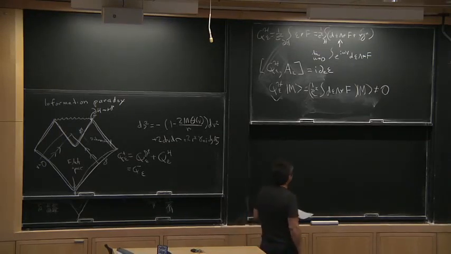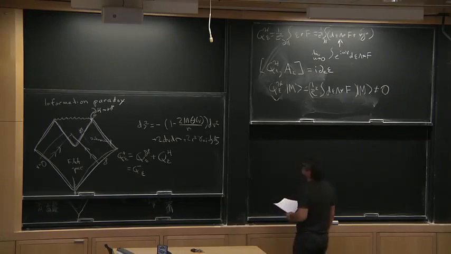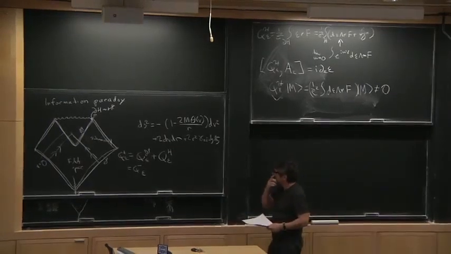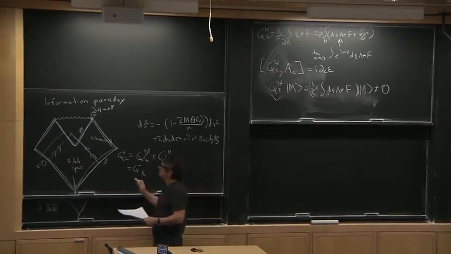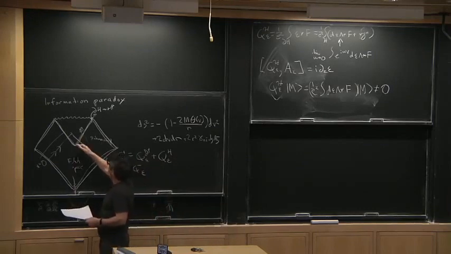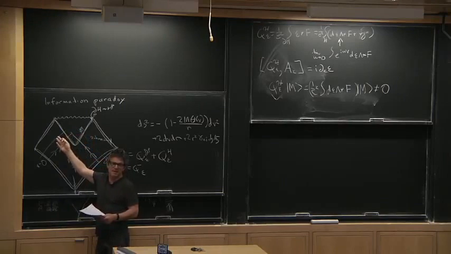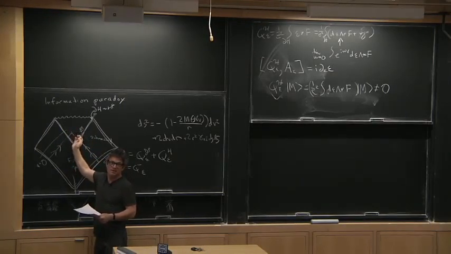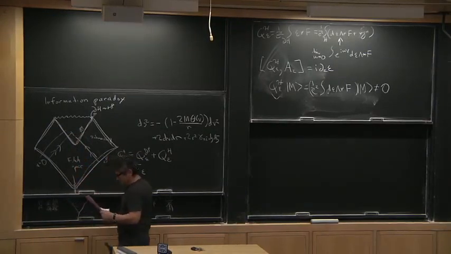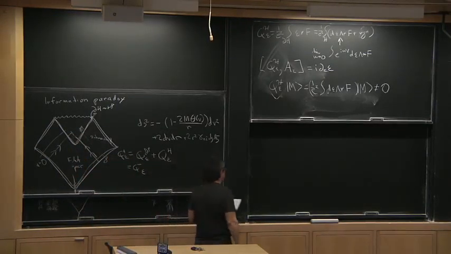So to understand this better, we might ask the question, how would we physically implant a soft photon onto a black hole? Let's study that.